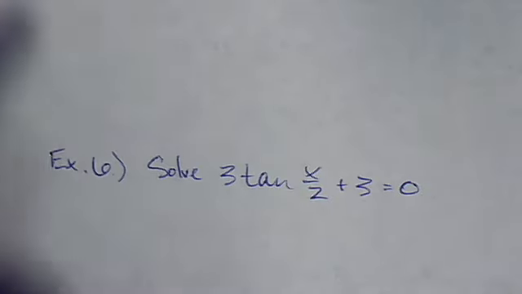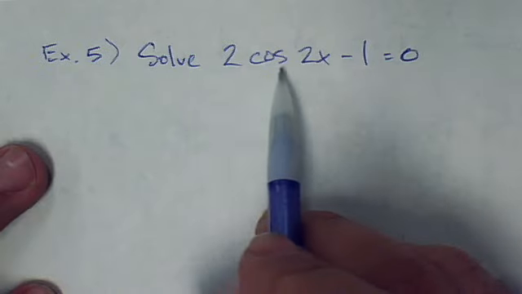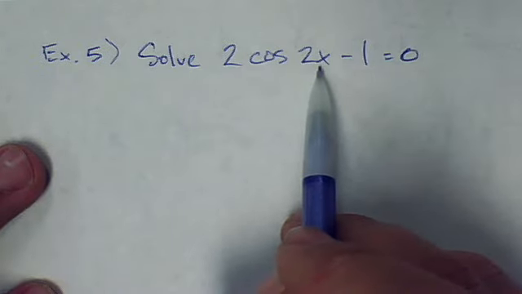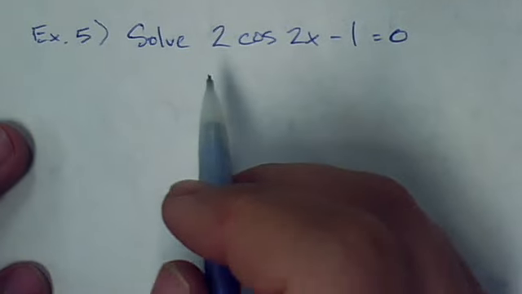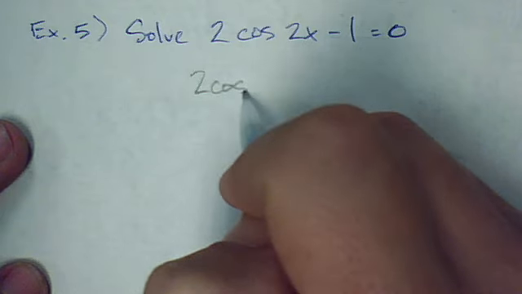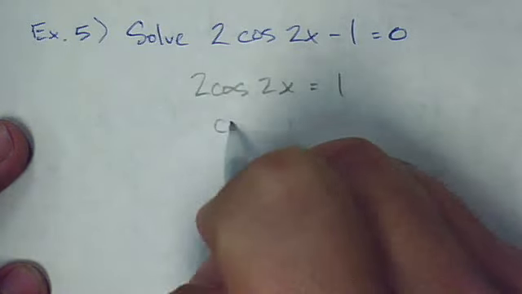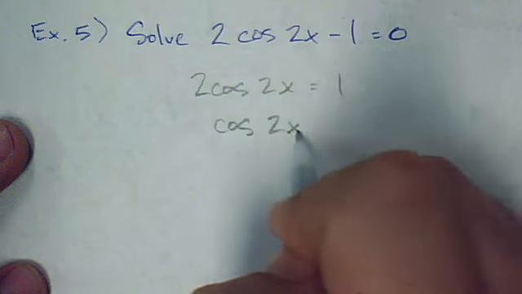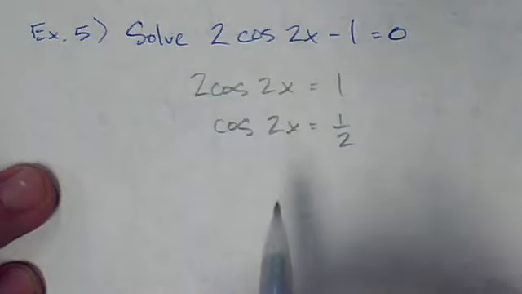Okay, so now things are going to change a little bit. Notice in this problem I've got cosine 2x. So here's the deal. Let's go ahead and add 1 there and divide by 2.